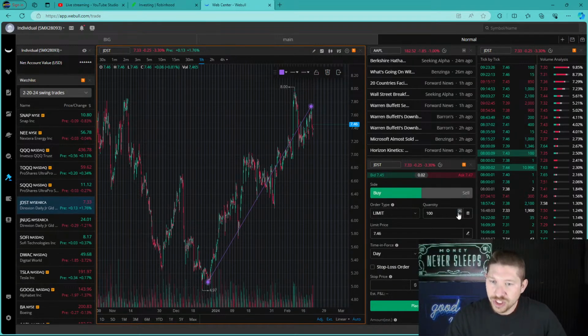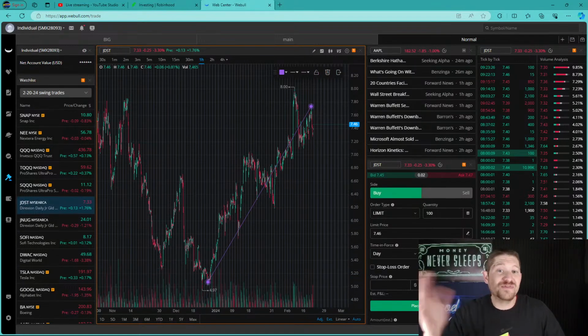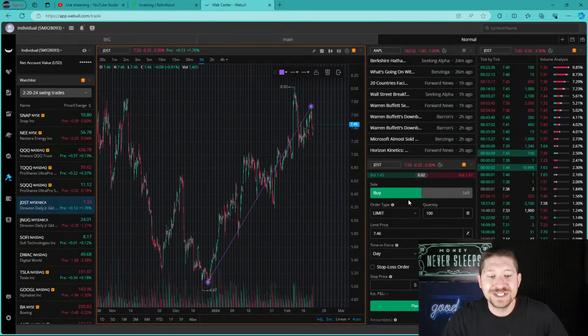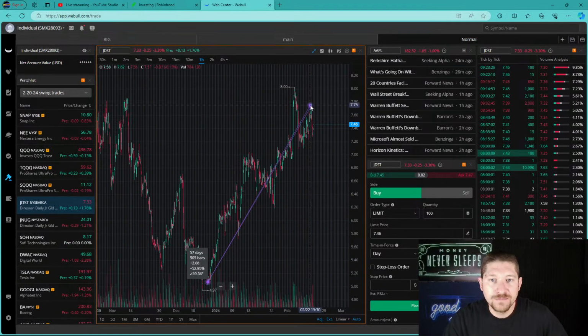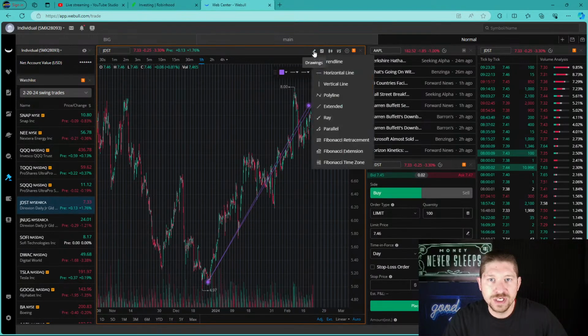You buy 100 shares of this company, and it's at $746. Okay, that's not bad for 100 shares. At 100 shares, so $746 at $5, or 100 shares at $5 is $500. So you would in fact make $246 in a matter of this swing, which would have been, why is it not showing me my swing here?